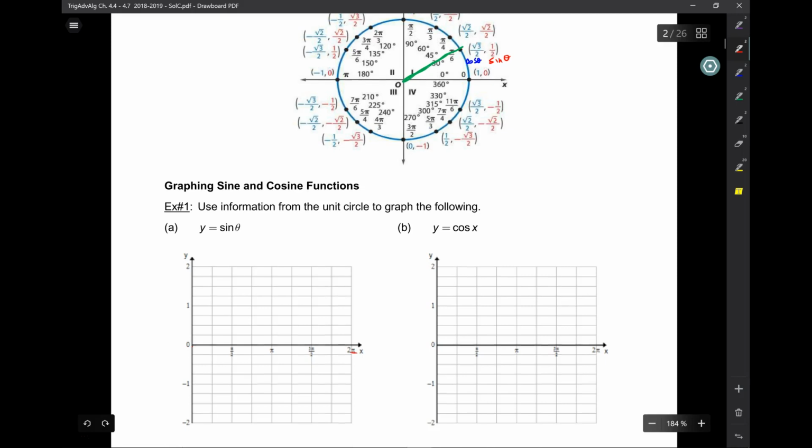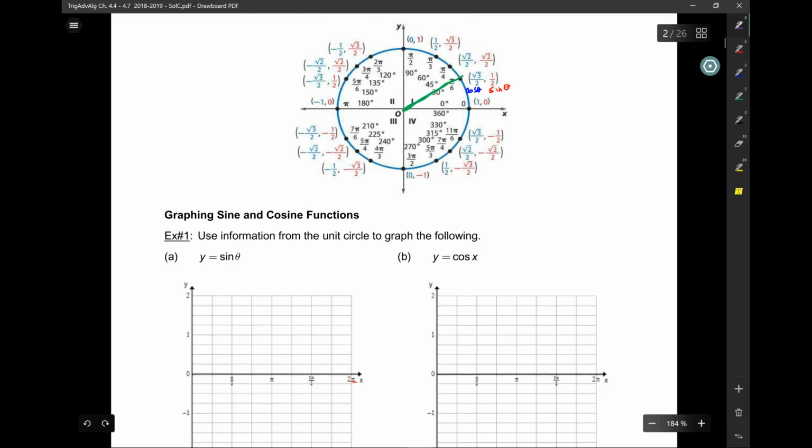When the angle is 0, how much is the sine value off of that unit circle? 0. So y is 0. When the angle is pi over 2, how much is the sine value? 1. How about at pi?